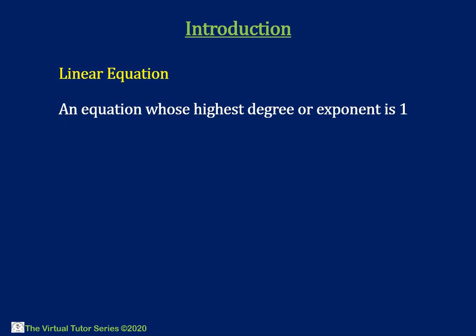For example, the equations 2x = x + 5, x + 2y - 4 = 0, and 3x over 2 = 3 are all linear equations.